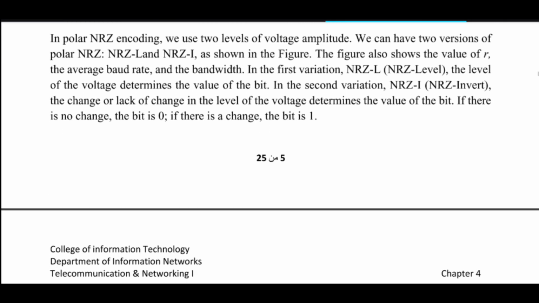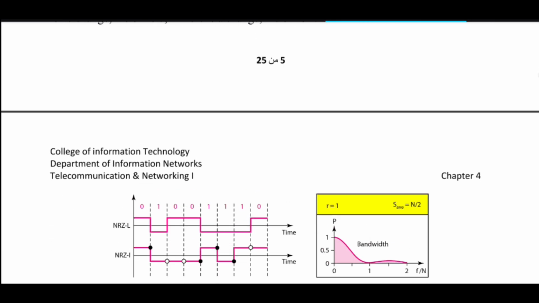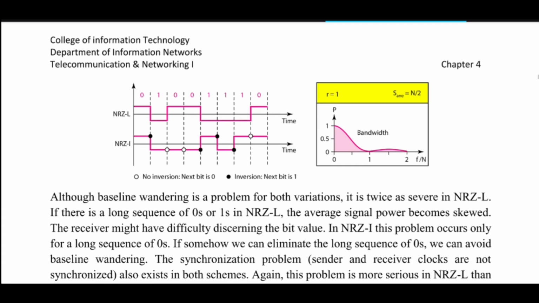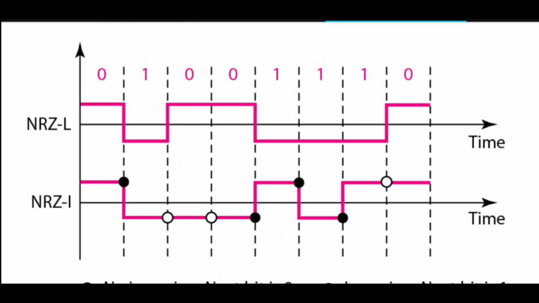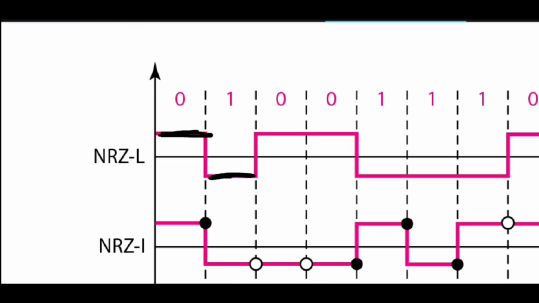Let's move to our L model. In the level model, we maintain a high or positive voltage for 0, and a lower or negative voltage for 1. This is our amplitude.